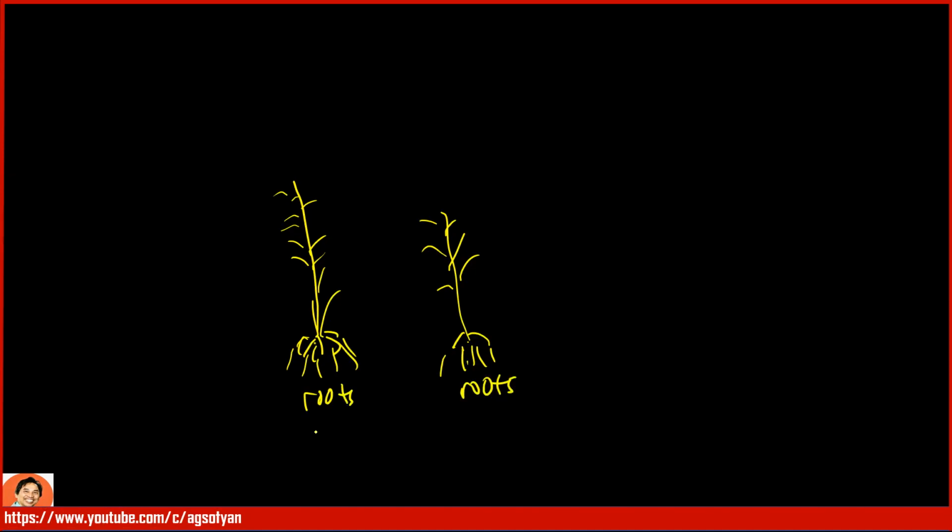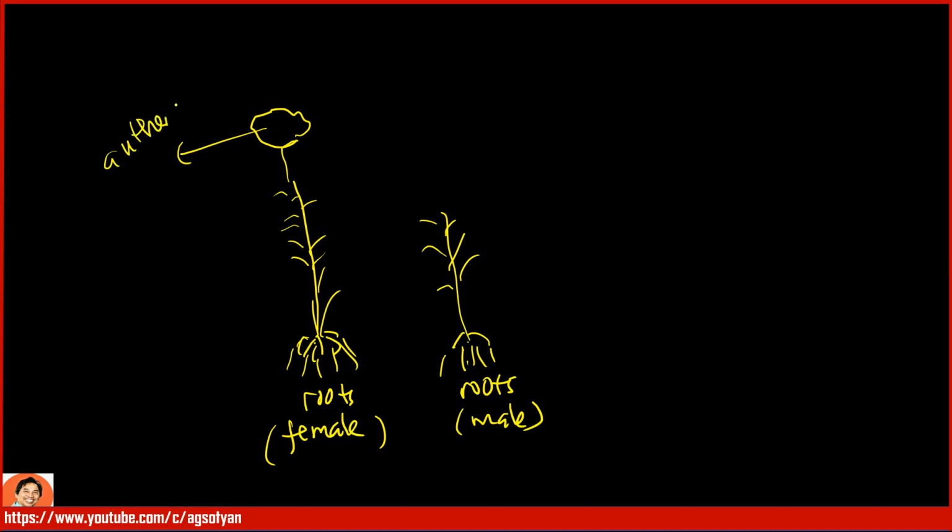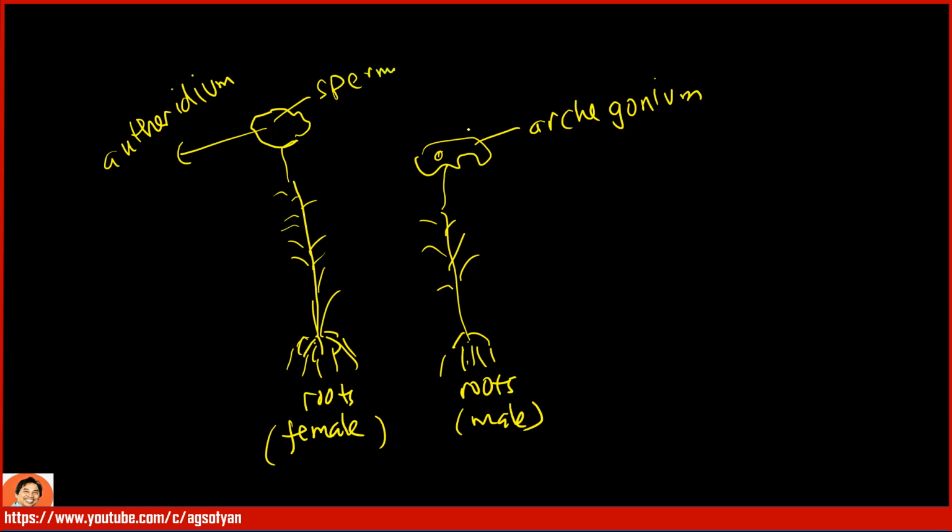Let's say this is a female plant and this is a male plant. Then this one will have the antheridium and this one will have the archegonium. This one will produce sperm and this one will produce eggs.